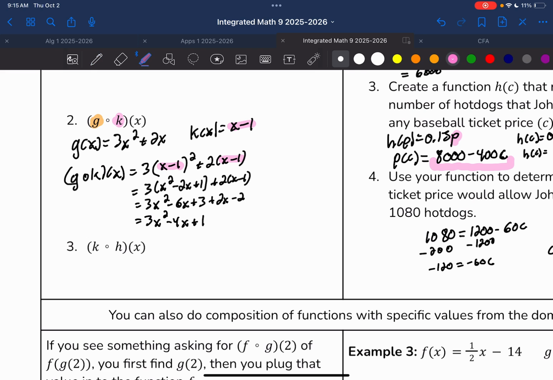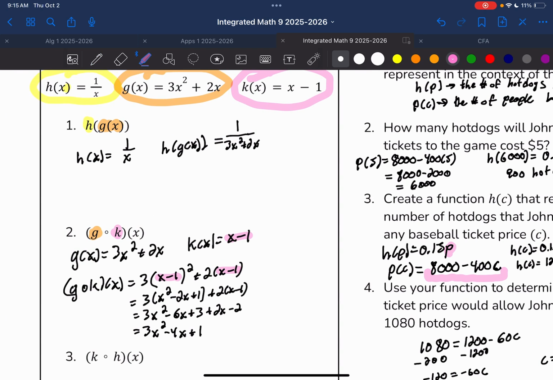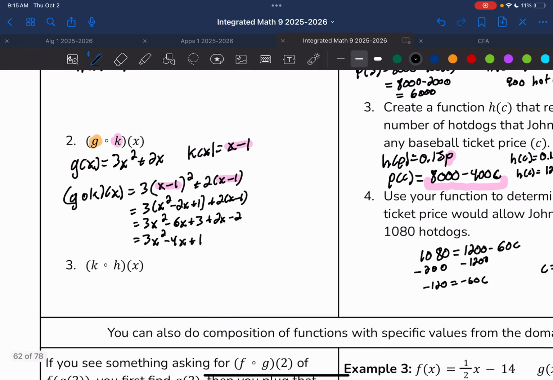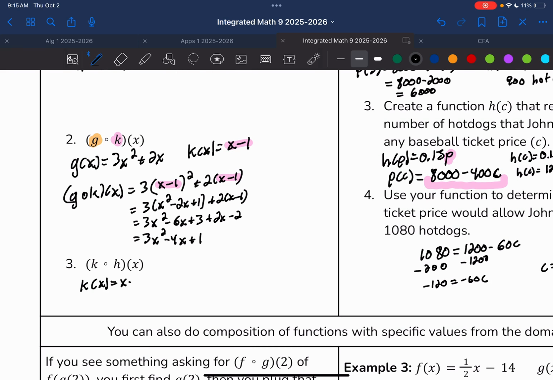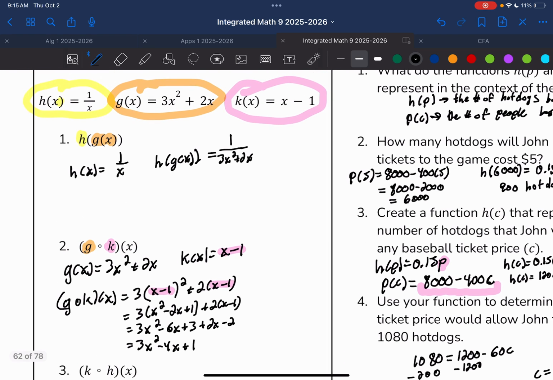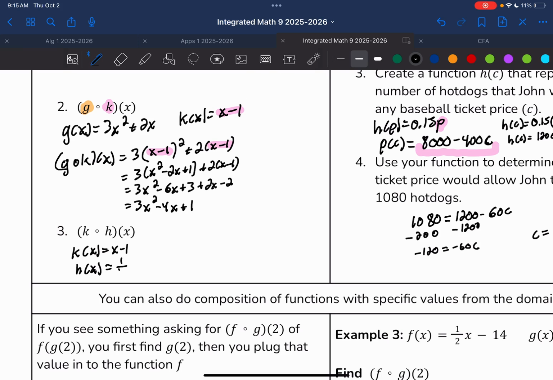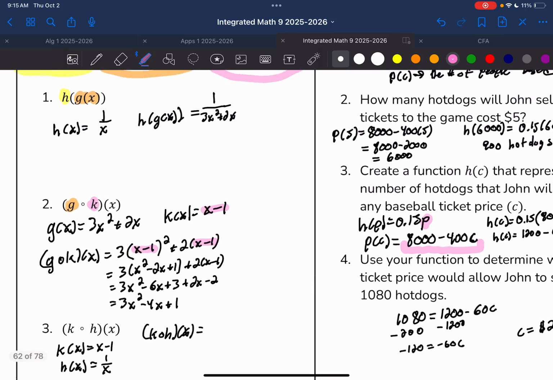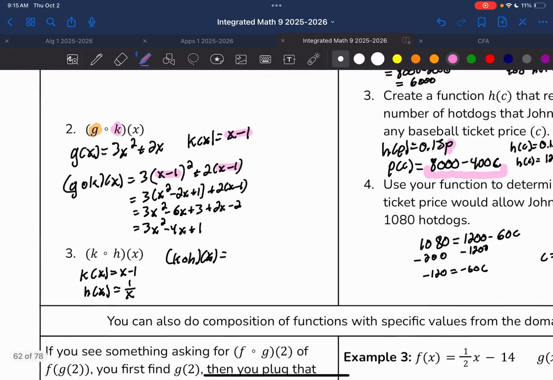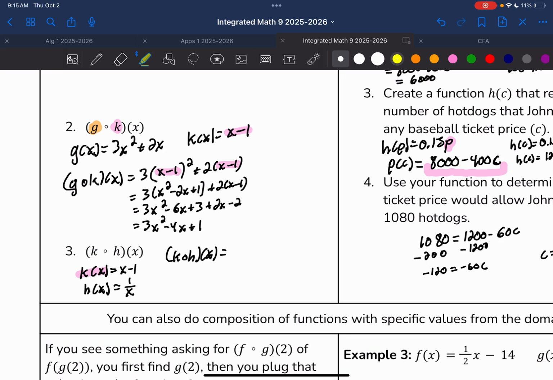All right, and then we have one final one down here where we're starting with k of x, which is x minus 1. And then inside of that, we're putting h of x, where h of x is 1 over x. So that means k of h of x is equal to, here is k of x, here is h of x.